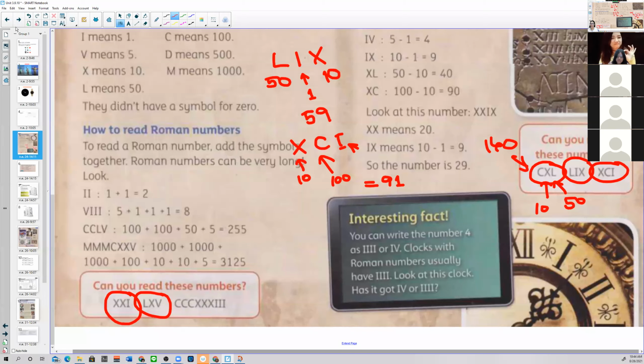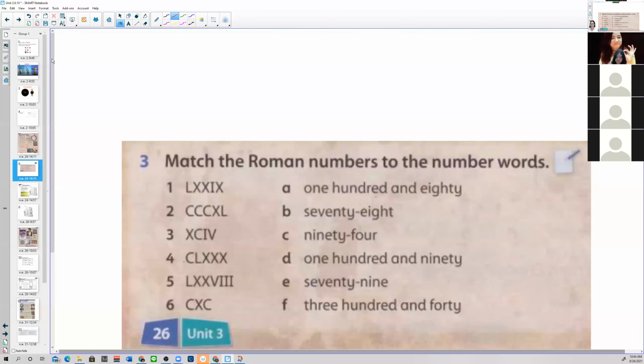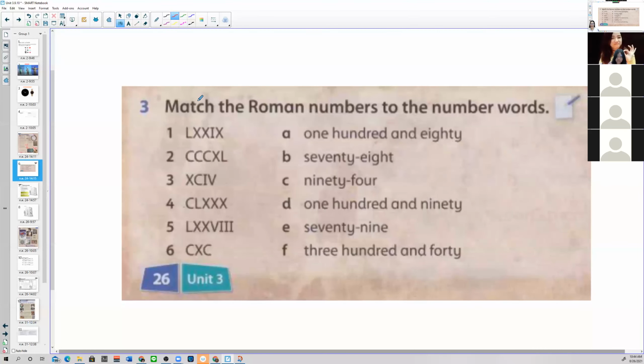All right, let's test your understanding. Go down the page. Activity 3, match the Roman numbers to the number words. L is 50.